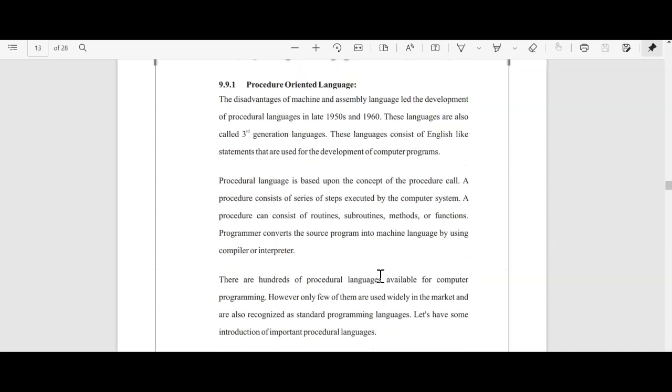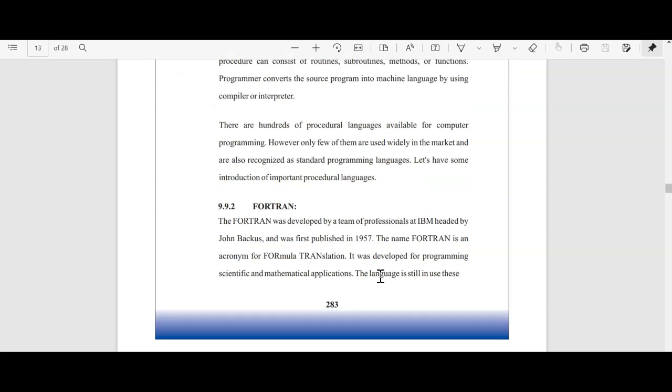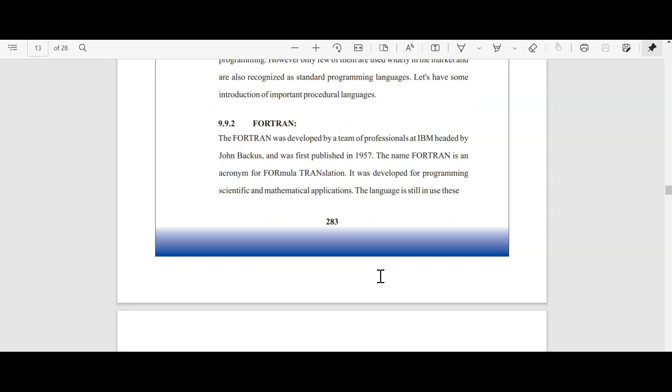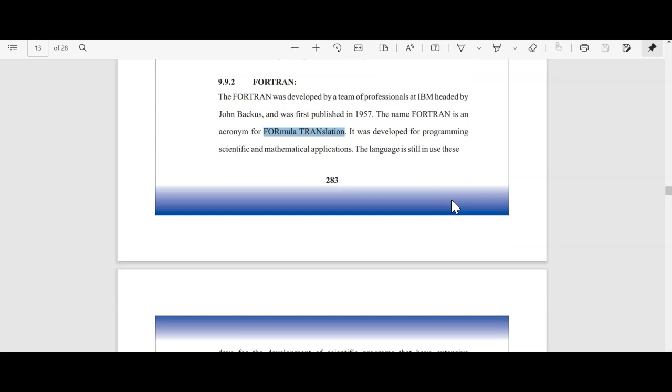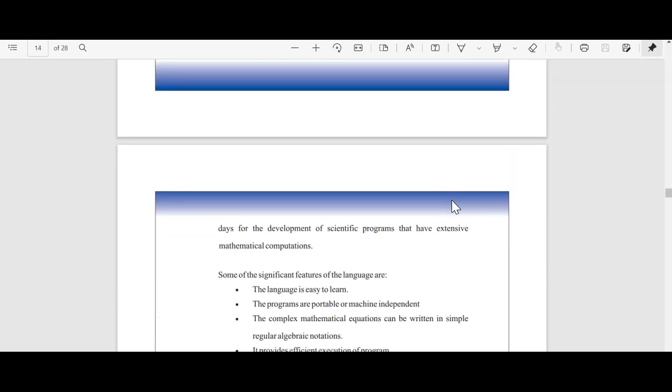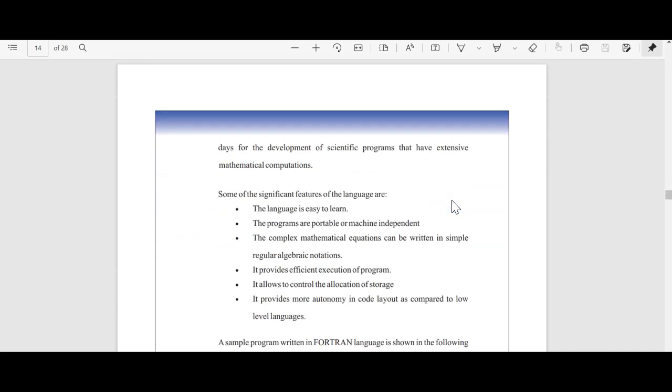So what are the examples of these procedure oriented languages? One example is Fortran. These abbreviations are very important from the exam point of view. Fortran was developed in 1957, and it stands for Formula Translation, and it was developed for programming scientific and mathematical applications. It is not very much used in current days.